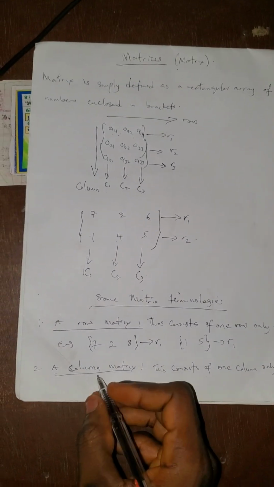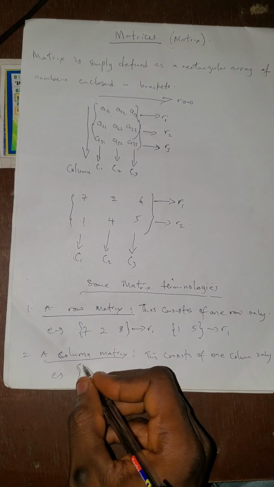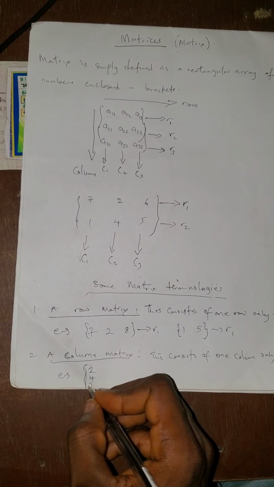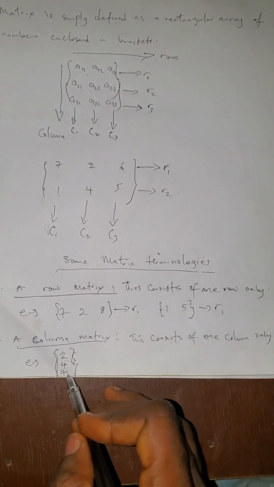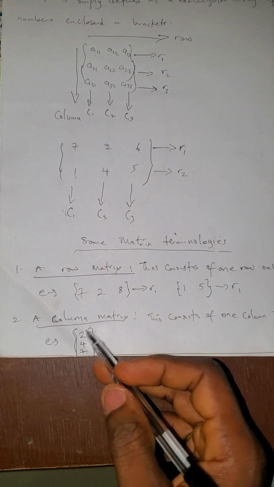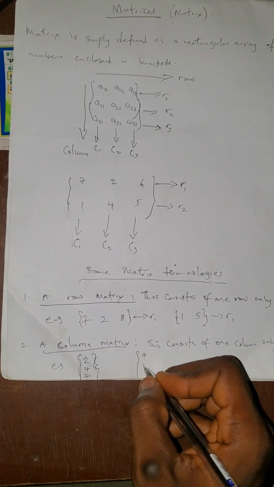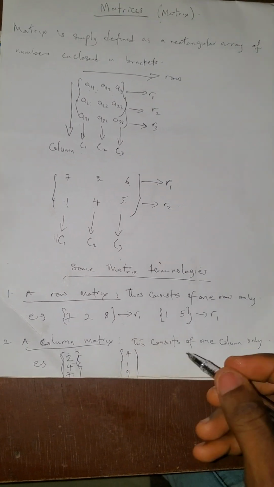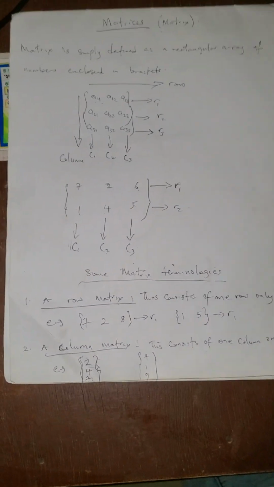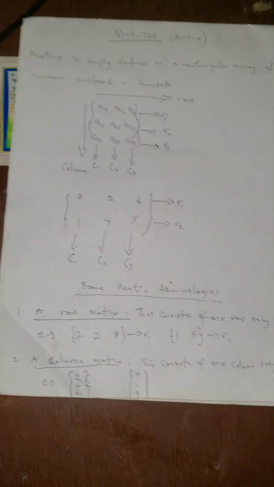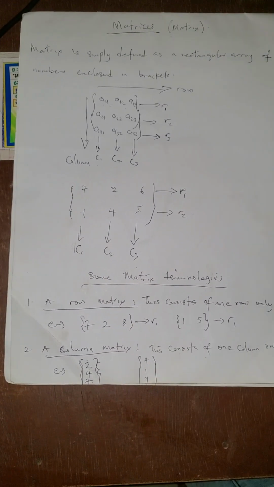For example, if you have 2 4 7, though it consists of three rows, don't forget it is only one column, like this. Another example, if you have 4 1 9, this only contains one column, but it consists of 3 rows. But what we are dealing with here is any matrix that contains only one column. That is it.